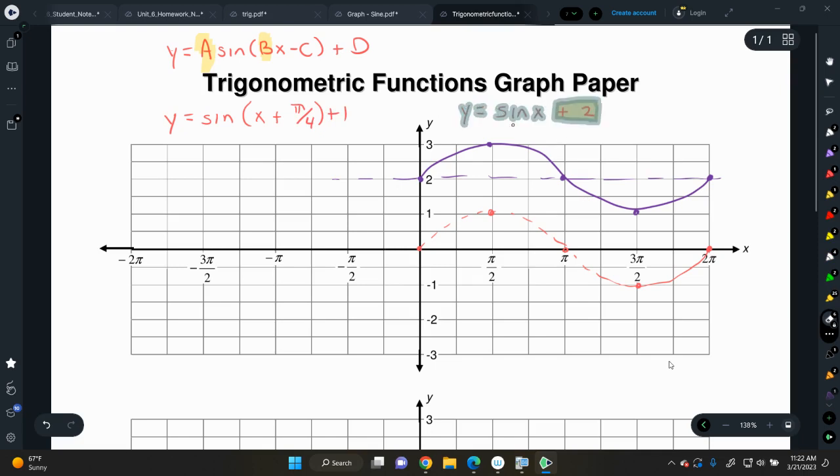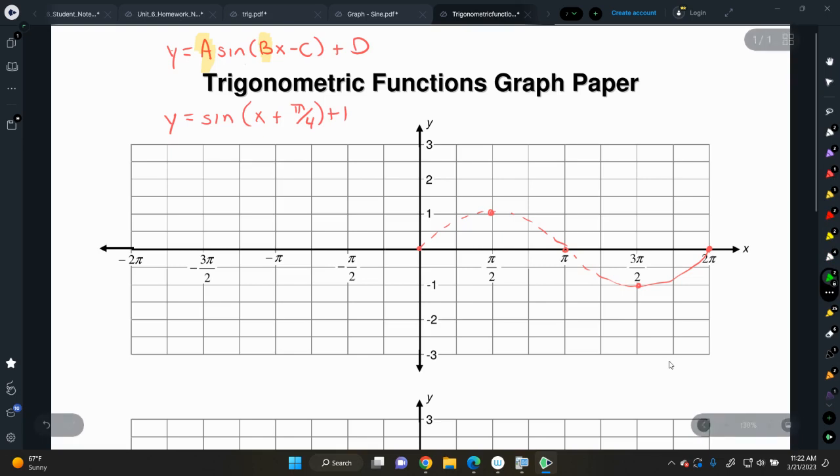I'm going to leave my base function there for you. So this one, what's that pi over 4 going to do? Shift it left. It's going to shift it left pi over 4 units. So take every single one of our points and move it pi over 4 to the left.